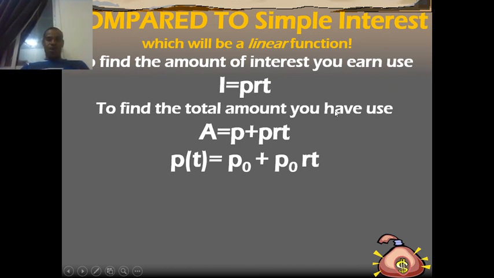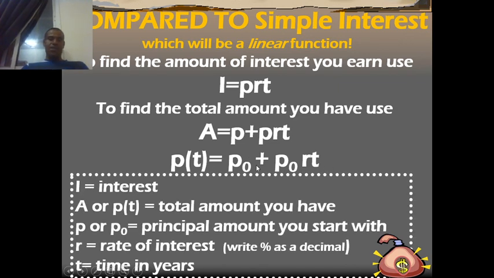To find the total amount, capital A equals P plus P r t, or, and I will label this as P of t, meaning a function of the simple interest. It will be P0, the original amount, plus P0 multiplied by r multiplied by t. You can see here P0 I will put outside the brackets, it will be P0 multiplied by 1 plus rt.